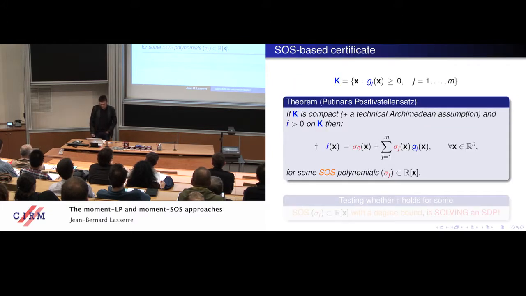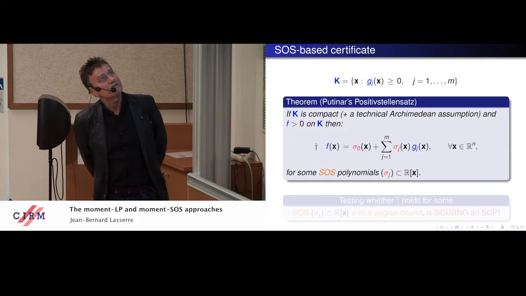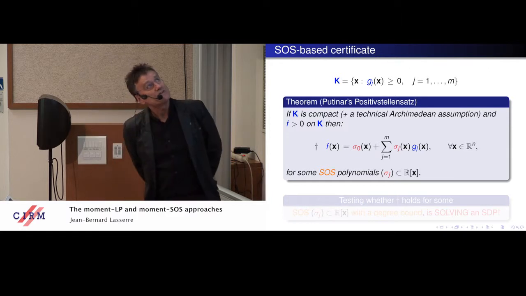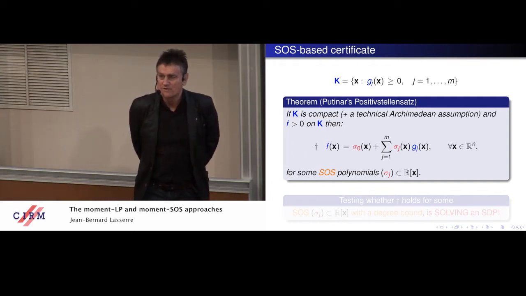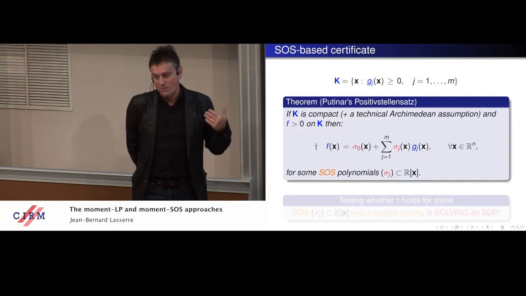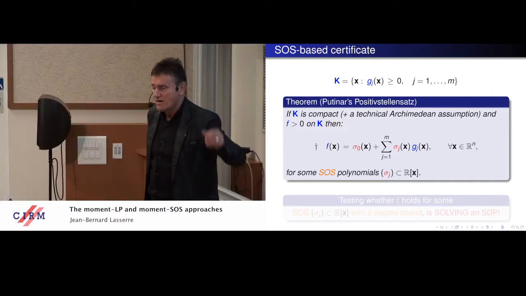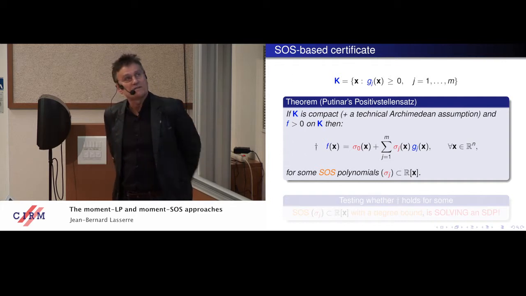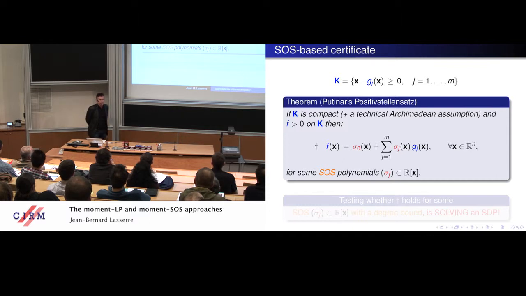Well, for example, what is such a certificate? Well, we have one which is SOS-based, sum of squares-based certificate. And what I like in this certificate, and every time I present this result by Putinar and Schmudgen, I warn the audience, especially if they don't know this field, that it's, for me, at least, one of the few results in mathematics which is easily understood by a freshman at university.